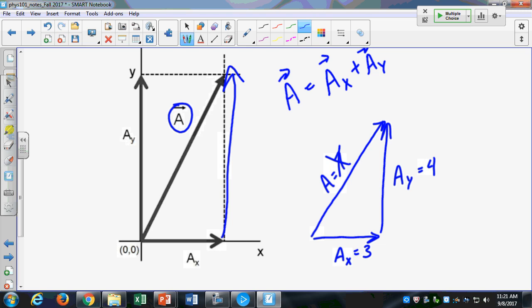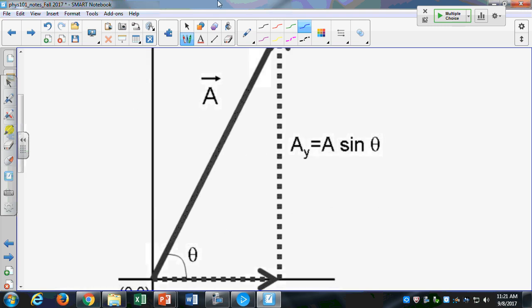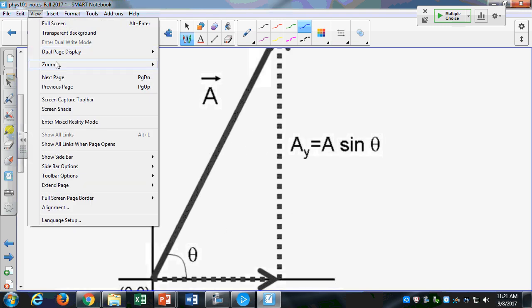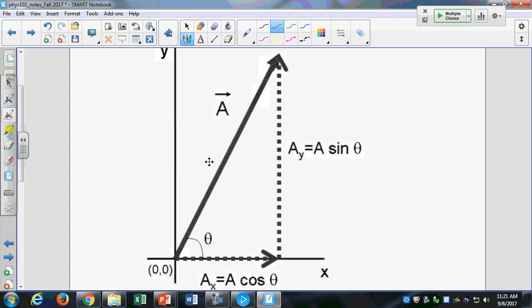First thing we want to know is how to calculate the components of those vectors. As I said, we have a triangle here. It's a right triangle. This is my vector A over here, and then I have my x and y components. Remember your SOHCAHTOA: the sine of the angle theta is opposite over hypotenuse.